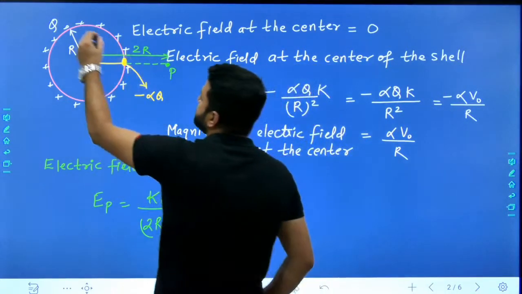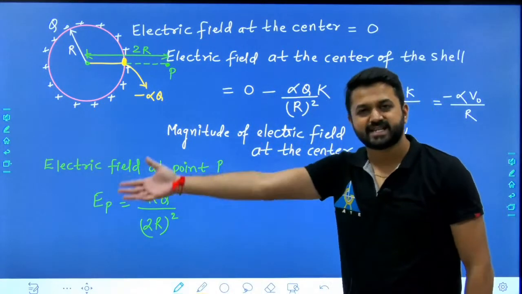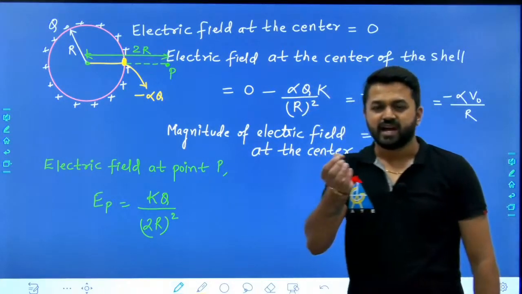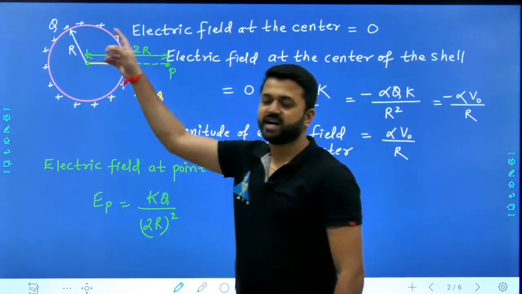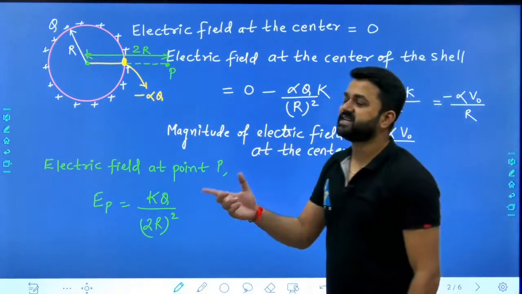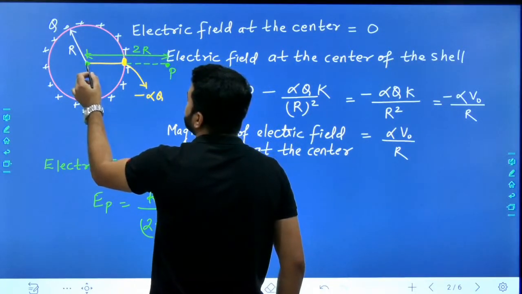We know that the electric field because of any point charge is given by KQ by R squared. The charge distributed on the sphere is Q, so at any distance outside the sphere, the electric field is just like the electric field because of a point charge. The distance between the point P and the center is 2r.